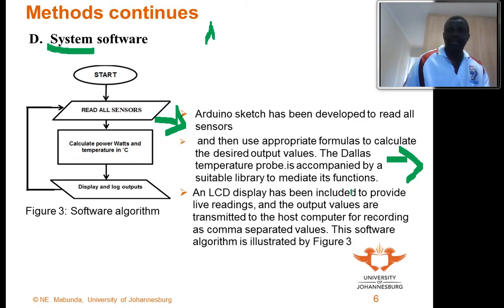In the case of the battery level, we subtract 9 volts from the input of your battery, and then you get what is used to represent the charge level, which ranges from 3 to 3.7 in our example. And then after all, you send the values via a serial port for logging onto a PC. You can use existing software such as Hyperterminal or Cool Terminal for the logging, and for the display, you use an LCD to display the output values.